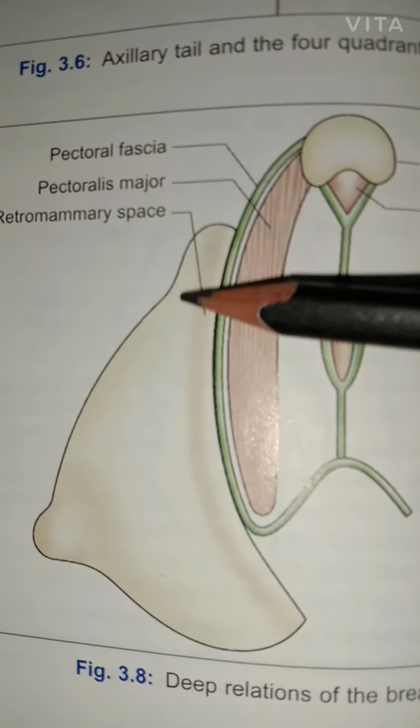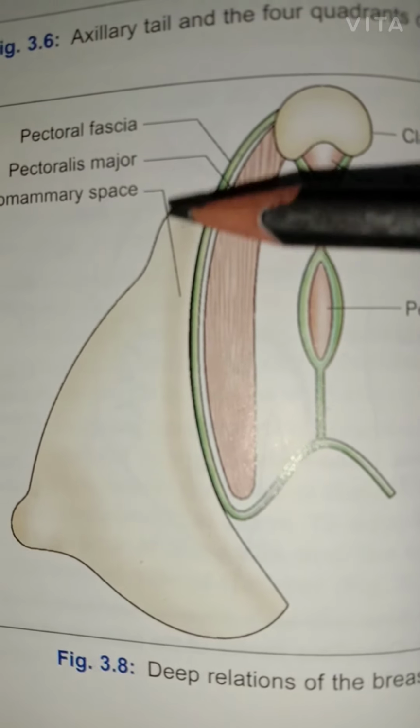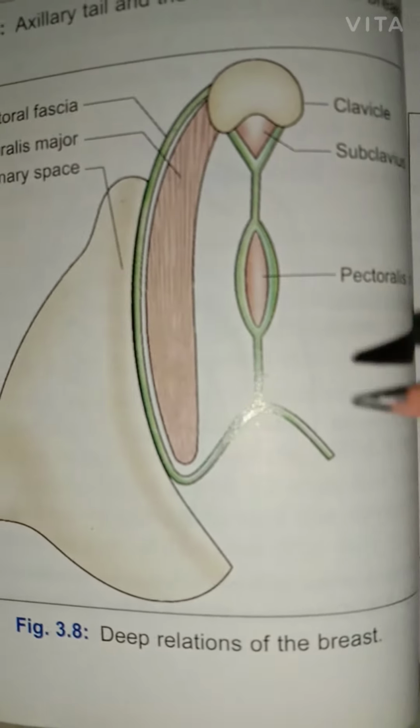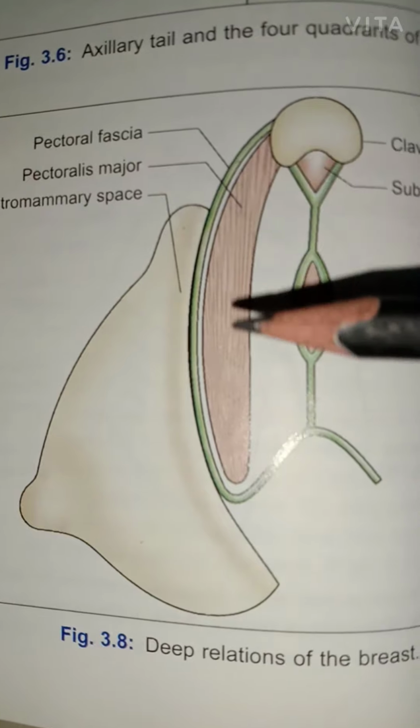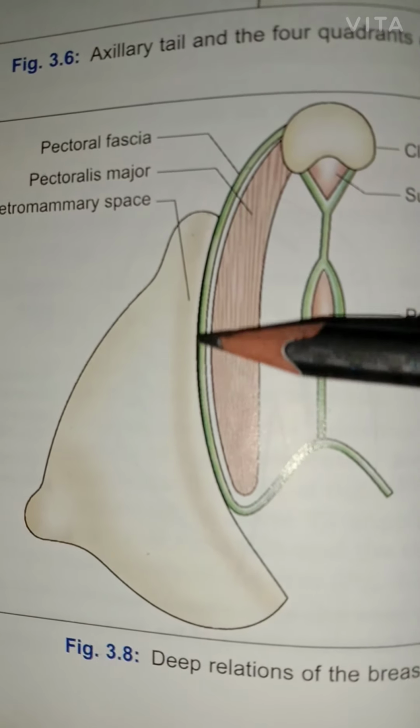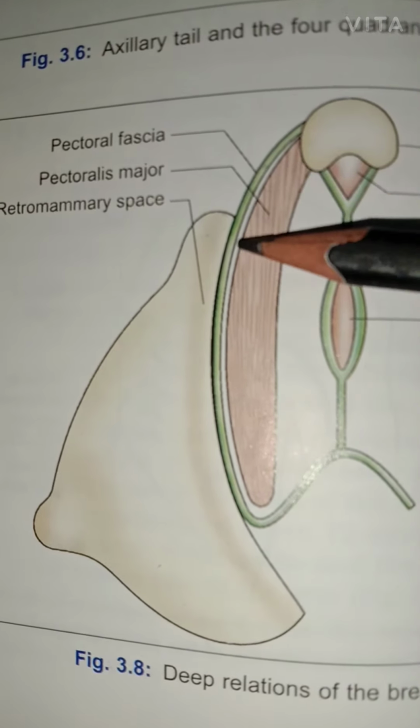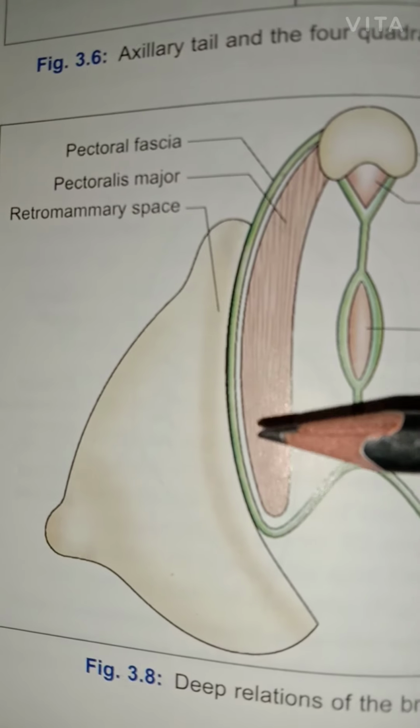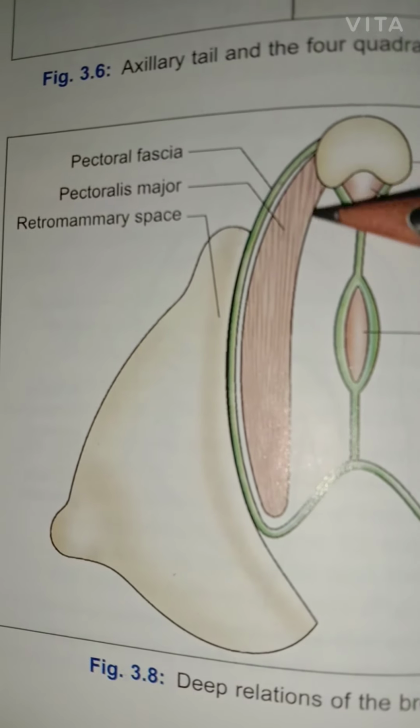And this breast is separated from the pectoral fascia by loose areolar tissue. That is called the retromammillary space.